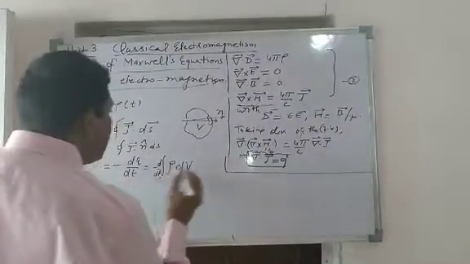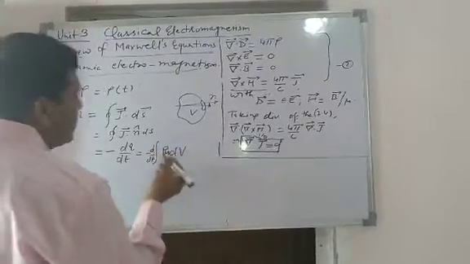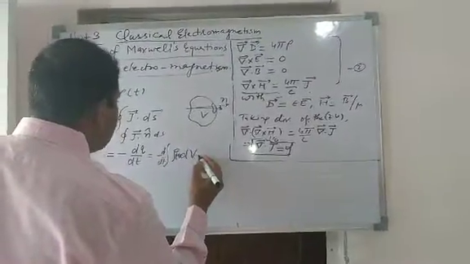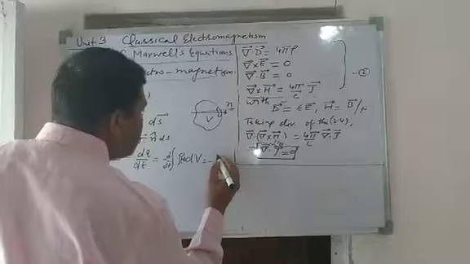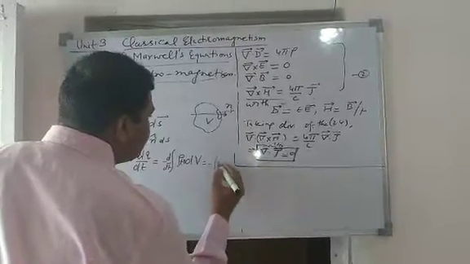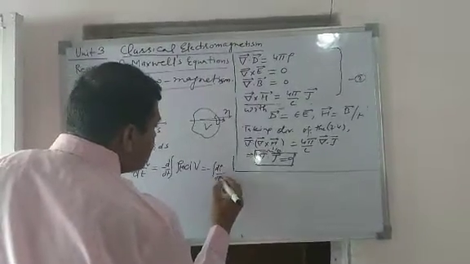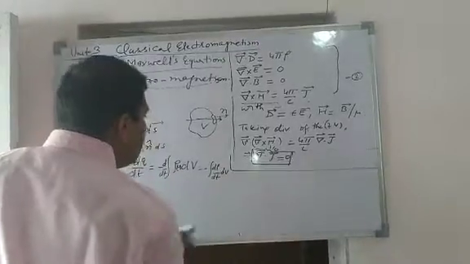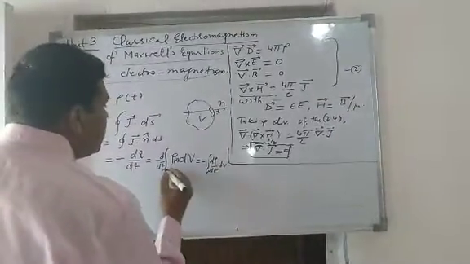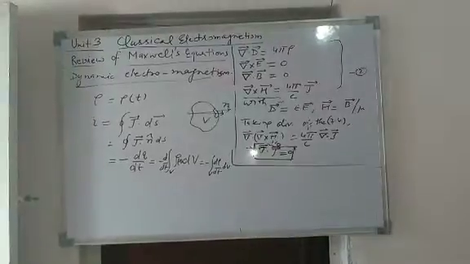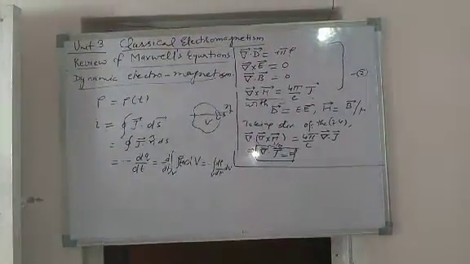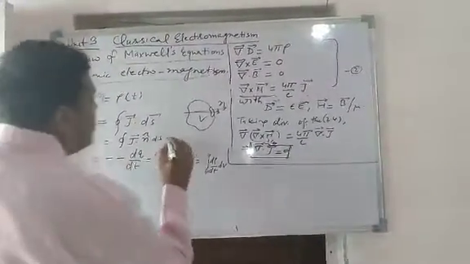Because rho is the only function of time, we could also write this as minus d rho by dt times dV, and this integration is taken over the whole loop. So now we have these two equations.